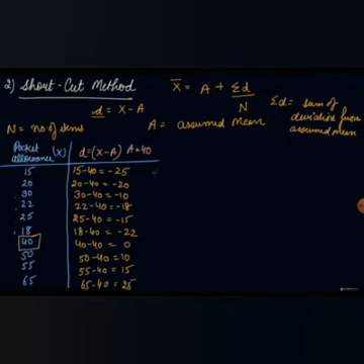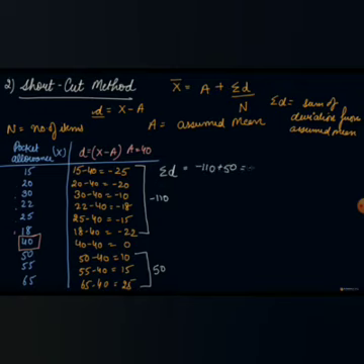Now you have to find summation D, so you will add all the items. Adding the negative items, you get minus 110. Then adding the positive items, you get 50. So summation D is equal to minus 110 plus 50, which is minus 60. We have the value of A as 40, summation D as minus 60, and the number of students is 10.